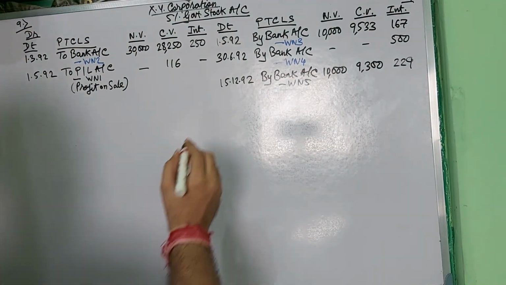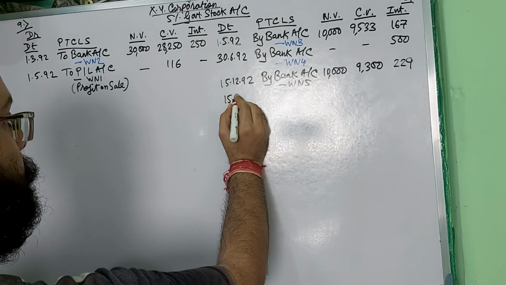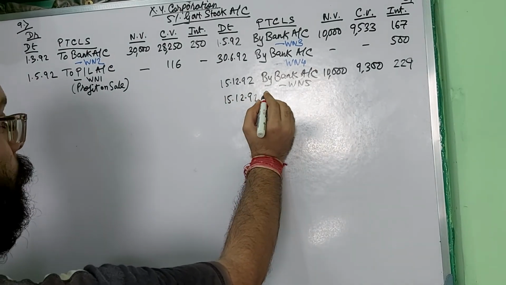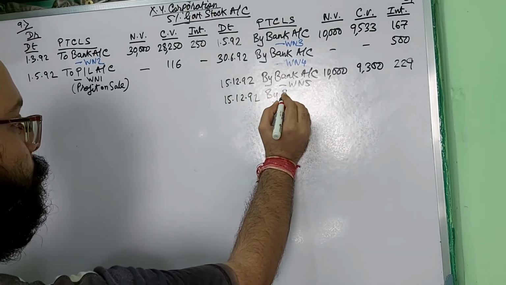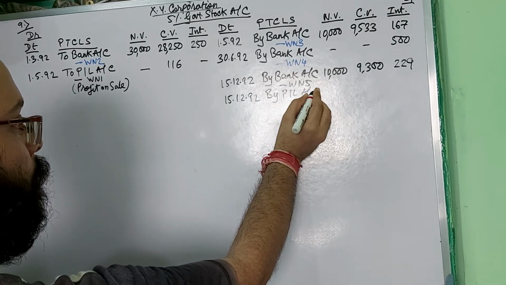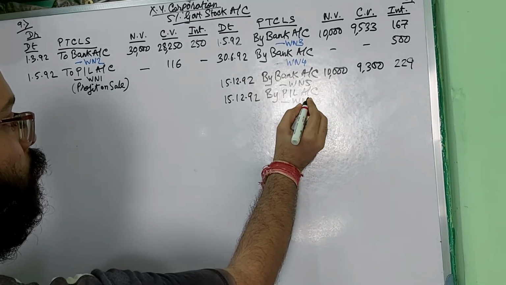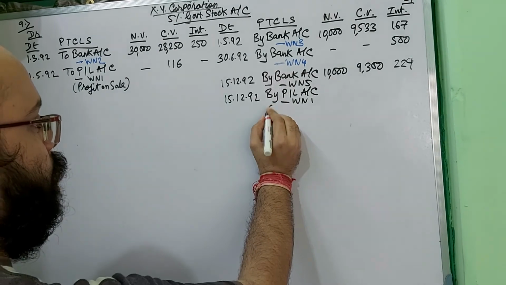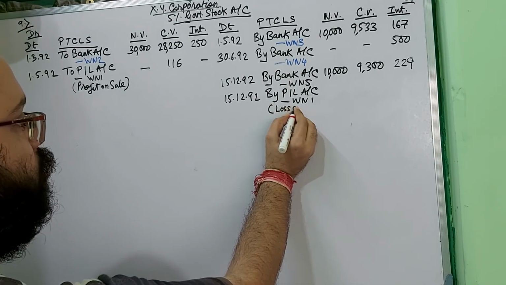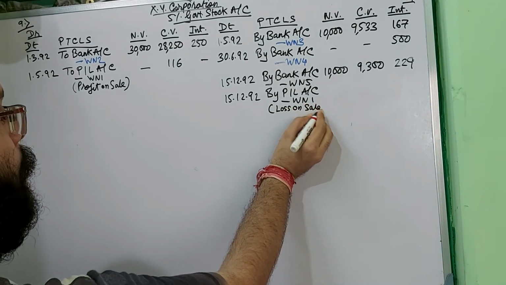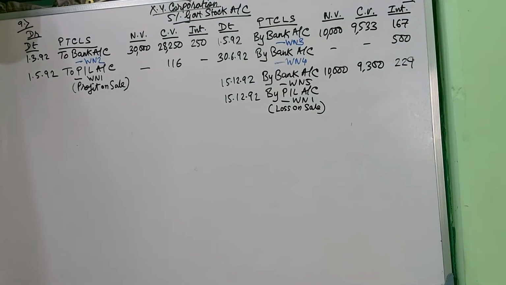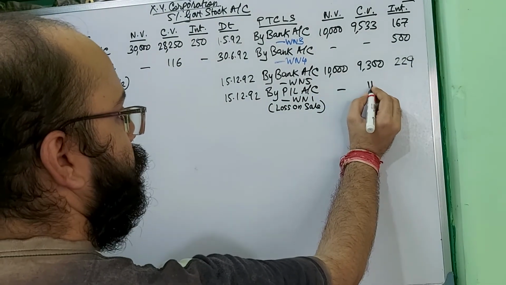There has been a loss on the same day. So by PL account, working note 1, loss on sale, which is again 116.